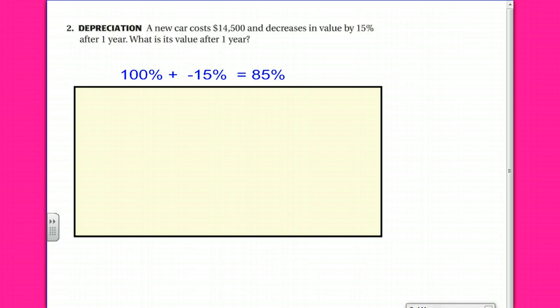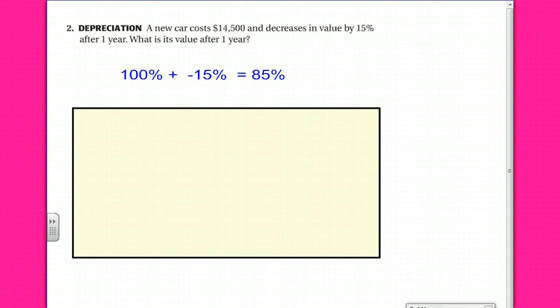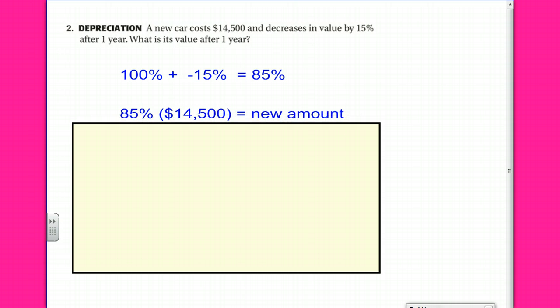So who can write the next part of this? How can we find 85% of that car? Emily. Good. And we actually, when you say 85% of 14,500, it's multiplication. Okay? But we do not keep the percent sign in the problem, do we? How do we write 85% as a working number?